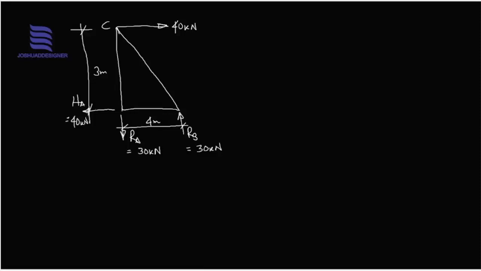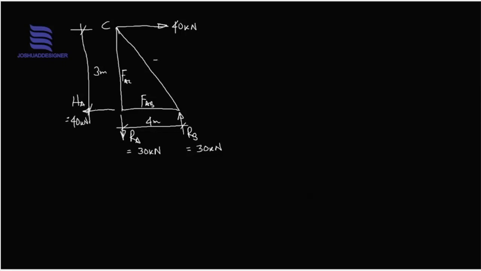The next step is to inspect what joint has about 2 member forces that are unknown, and that will be the appropriate place to start. We have joint A. We do not know the member force on FAC. We do not know that on FAB.